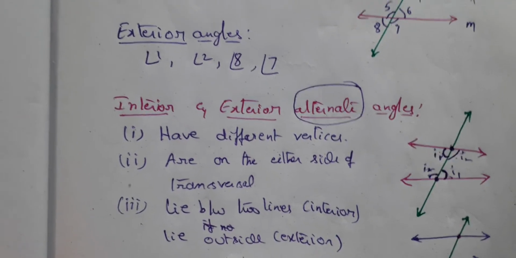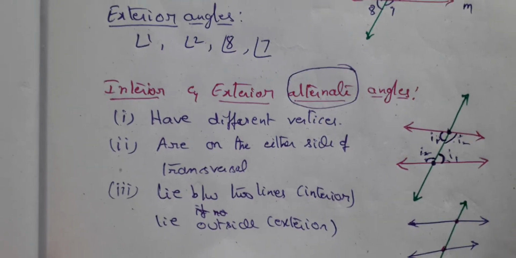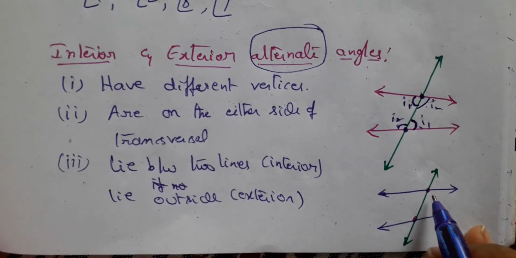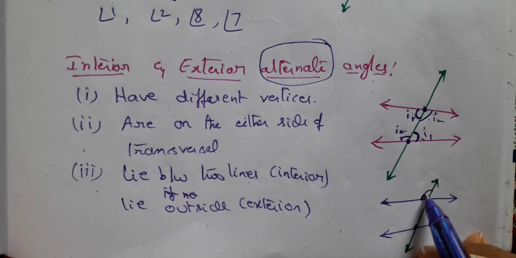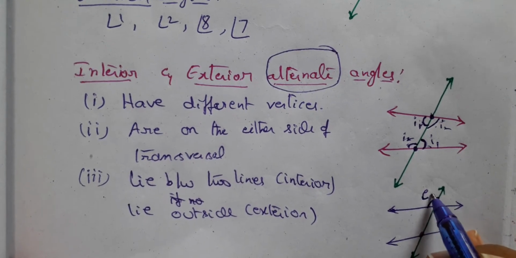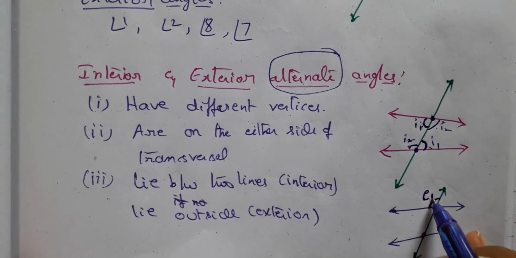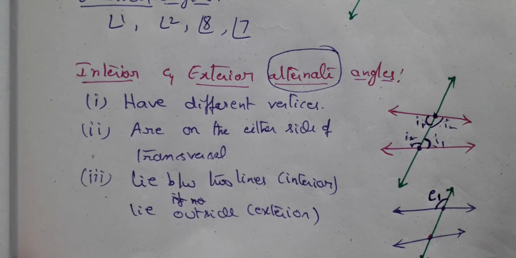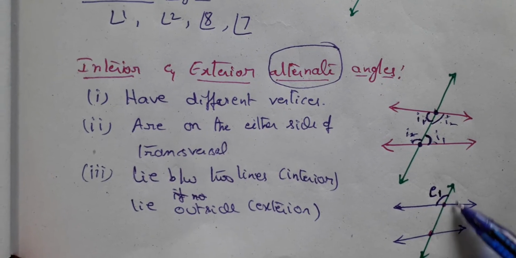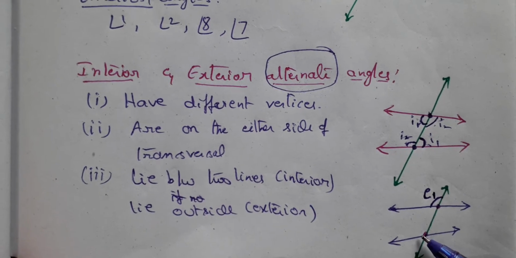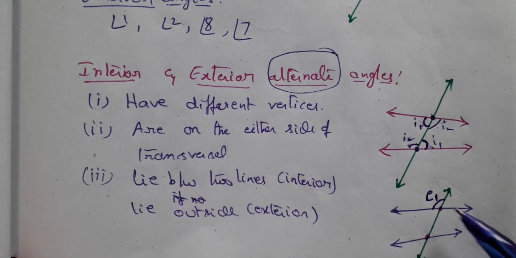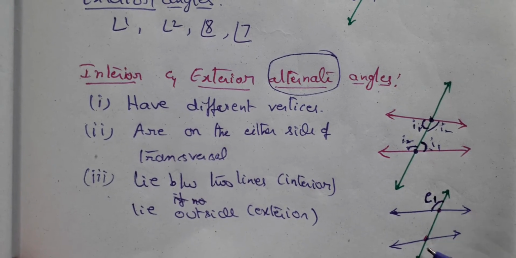Okay, children. Let us do the same with exterior angles. If it is an exterior angle, I am choosing this one, E1. So let us pair it with another. What is the other one? We should leave this vertex, move to this vertex, and it should be on the other side of the transversal and an exterior angle.